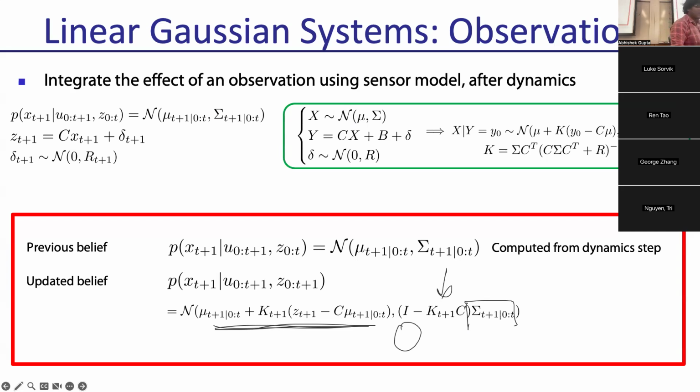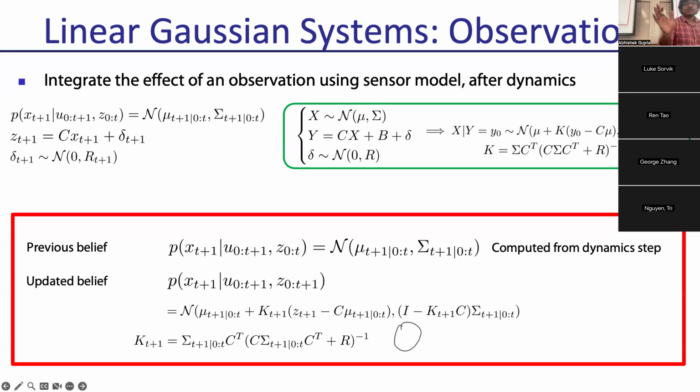So this tells you to correct your mean according to the difference between what you got and what you expected to get, and this tells you to shrink your variance according to your K, which we'll talk about in a second. Okay, so this kind of makes sense besides the K.